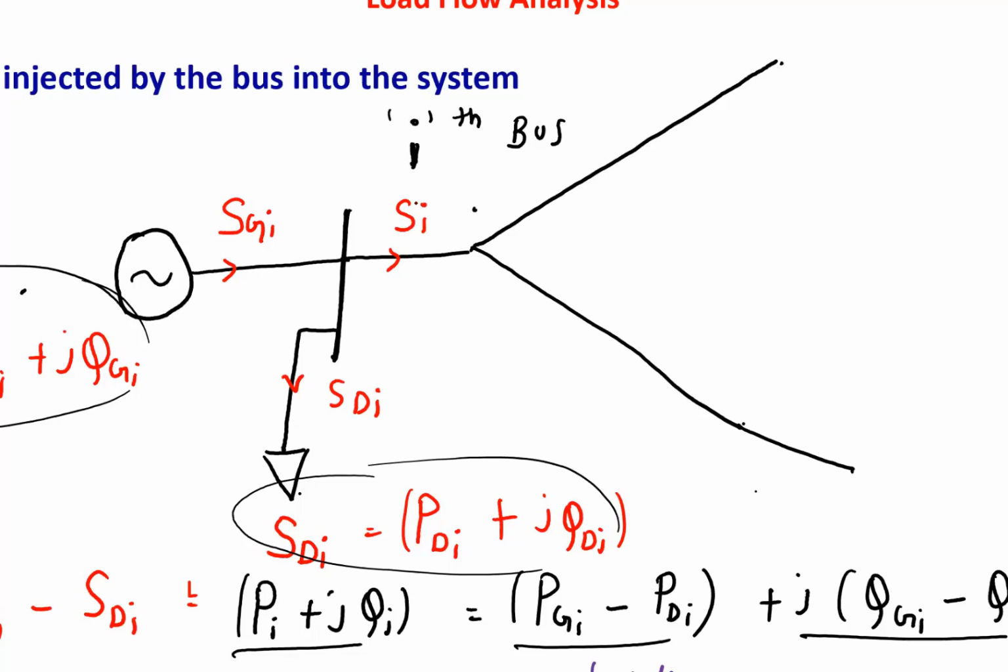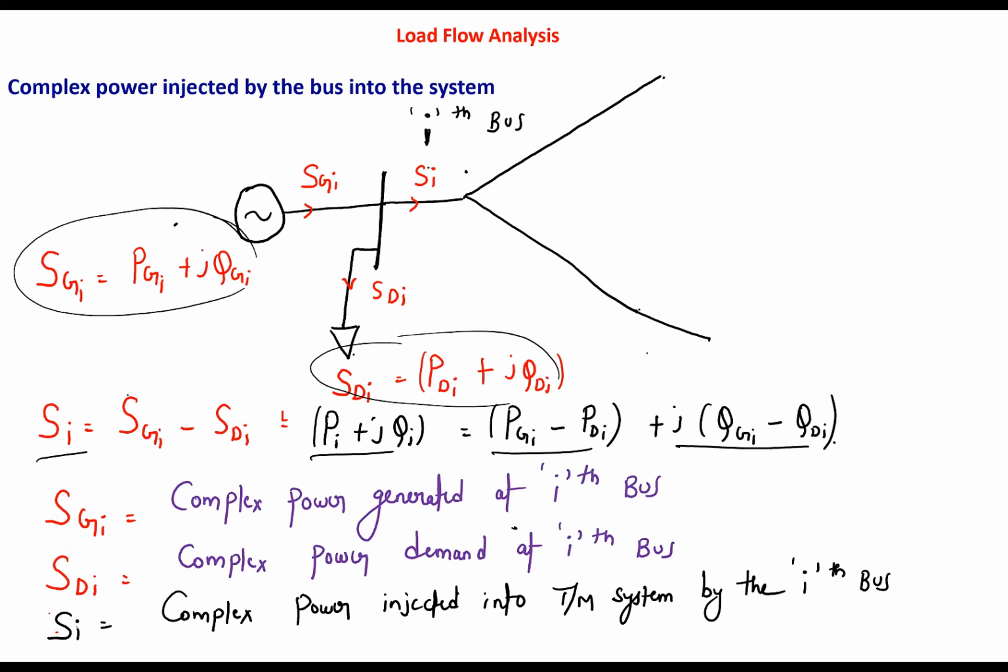Understand? So these notations are very, very important. SGi is the complex power generated at the ith bus. SDi is the complex power demanded at the ith bus, whereas Si is the complex power injected into the transmission system by the ith bus. Understand?